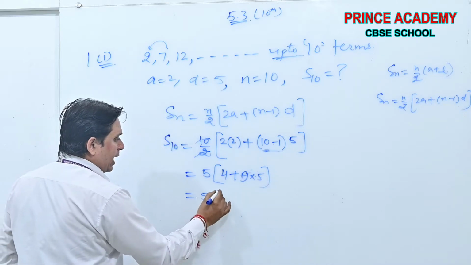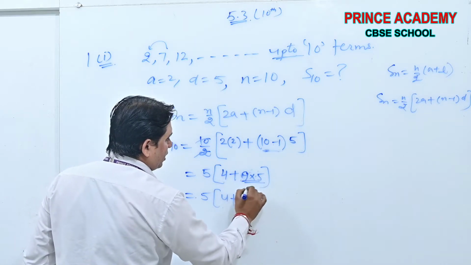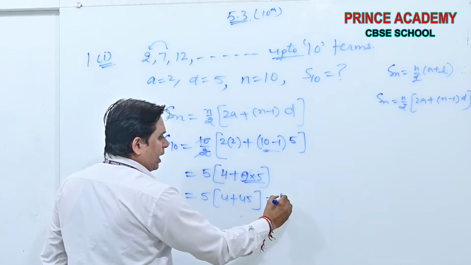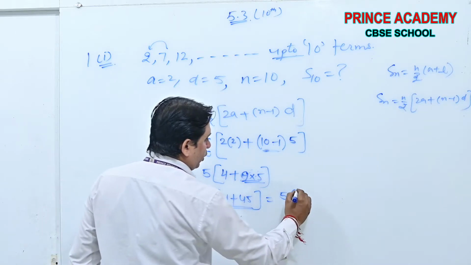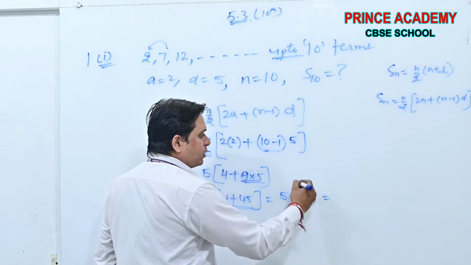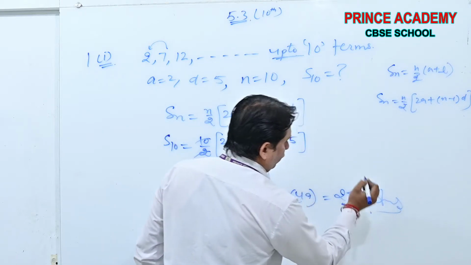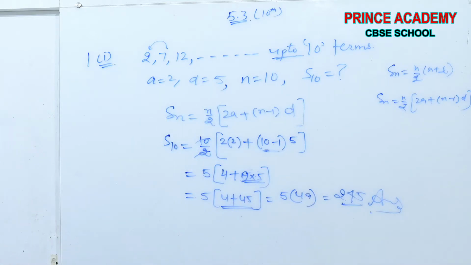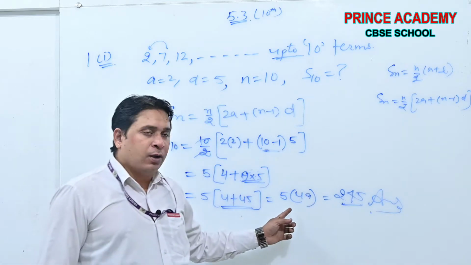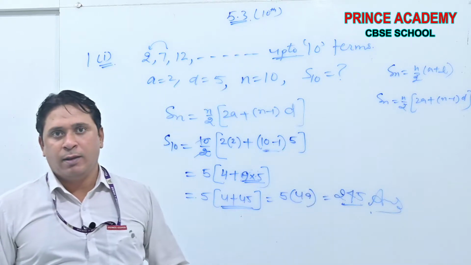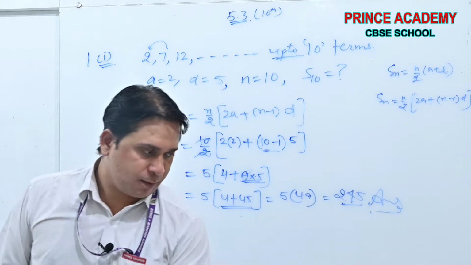Okay. 5 into 4 plus this is 45. 5 into 4 plus 45, 49. The answer is 245. Yes or no? The answer is 245. Got it, beta? The answer is 245. Done? Sure?